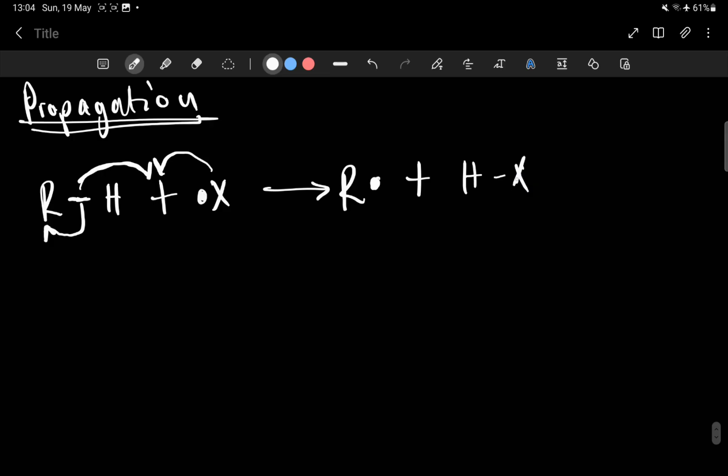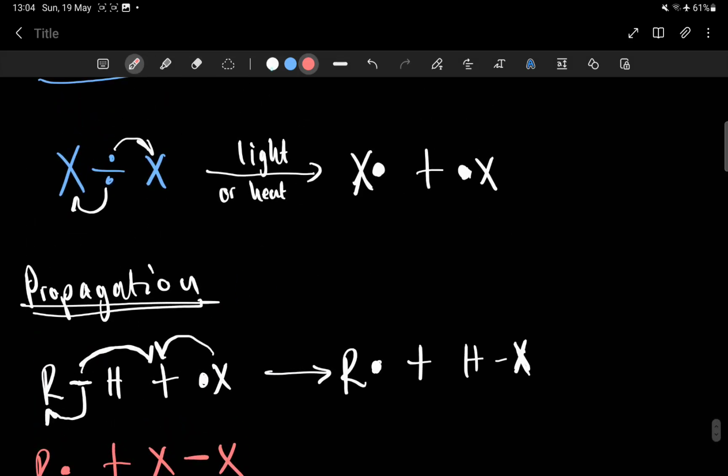And then when this happens, do you think this R radical, the carbon radical, is going to keep quiet? No, he's going to fight back. So this carbon radical will come back. And you know who is going to attack? Another group 7 molecule, okay, that has not yet been excited.